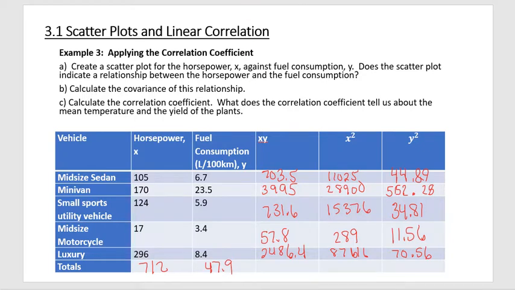The sum of the XY's, I get 7,974. The sum of the X squareds, I get 143,206, and the sum of the Y squareds, I get 714.1.